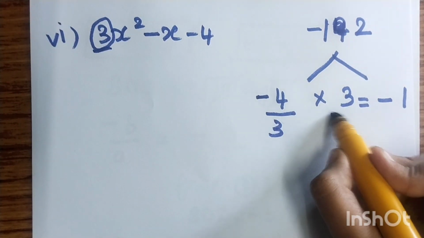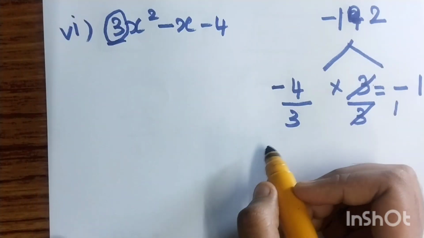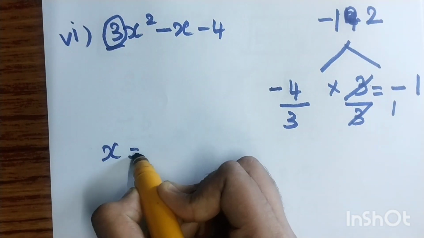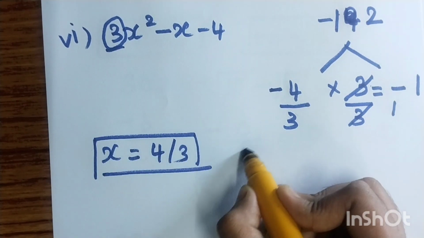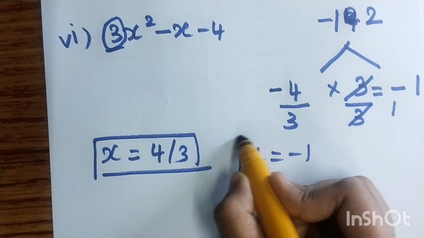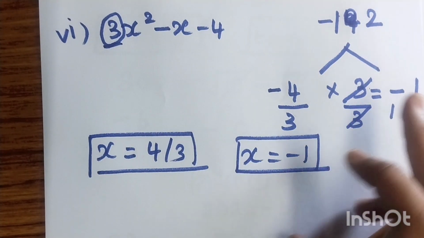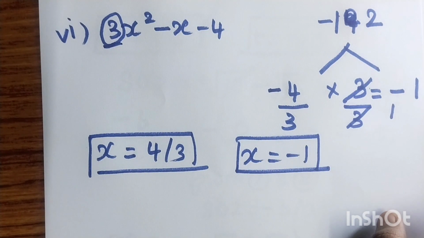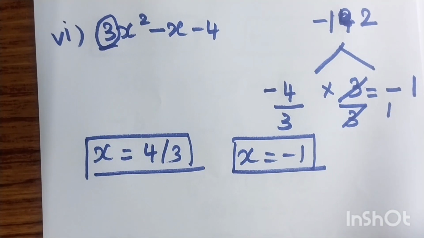Dividing by 3, I'll be getting plus 1 here, and here I can't do any division. So x is equal to 4 by 3 is one value, and x is equal to minus 1 is another value. So first split the middle term, divide by the coefficient of x square, and then change the signs. These are the zeros of the given polynomial.